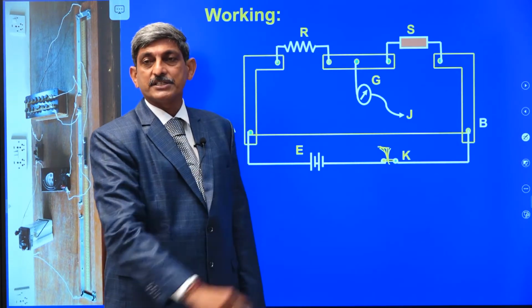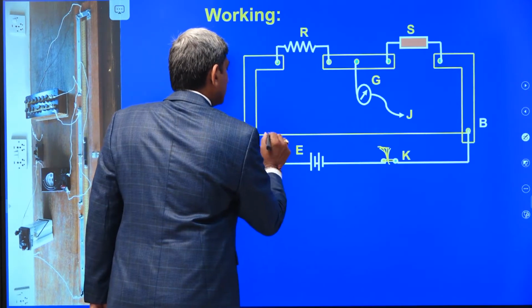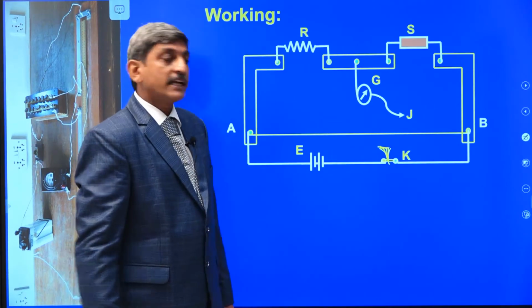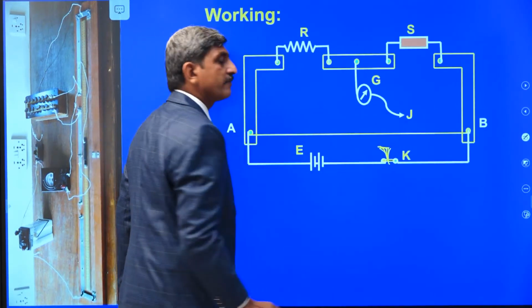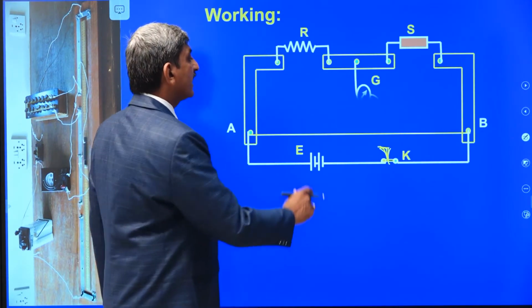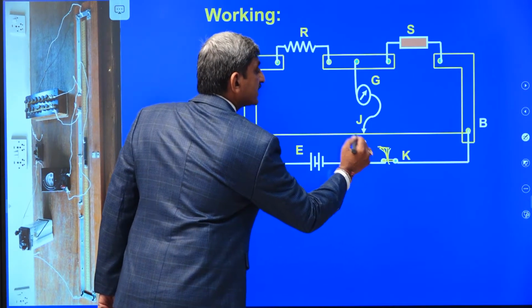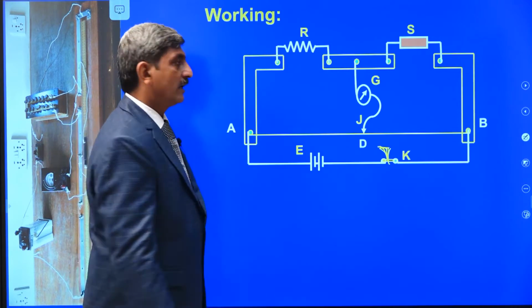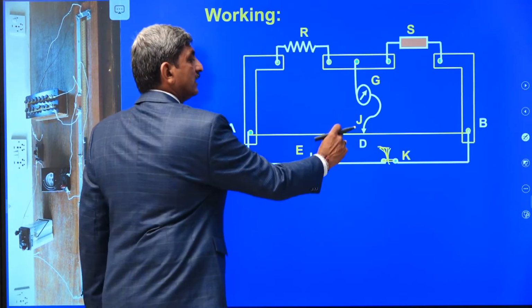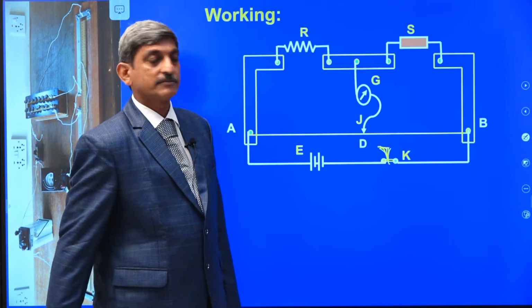After completing the connections, let us touch the jockey at different points of the meter bridge wire until the galvanometer shows zero deflection. Let us assume that the galvanometer shows zero deflection when the jockey touches at point D. By touching the jockey at different points on the wire, this point is obtained where the galvanometer shows zero deflection.